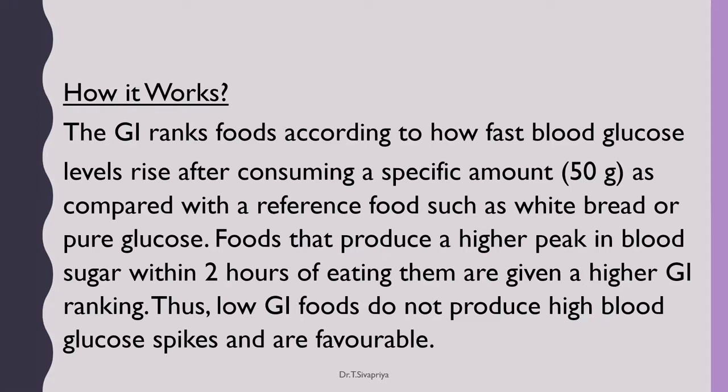White bread or pure glucose are considered as the reference and they have a glycemic index of 100. Foods that produce a higher peak in blood glucose within 2 hours of eating them are given a higher GI ranking. Thus, low GI foods do not produce high blood glucose and are considered as low glycemic index foods and are good for our health.